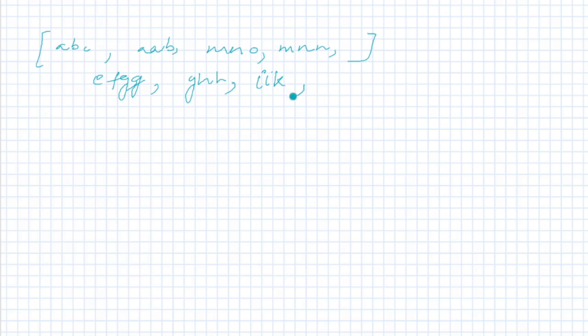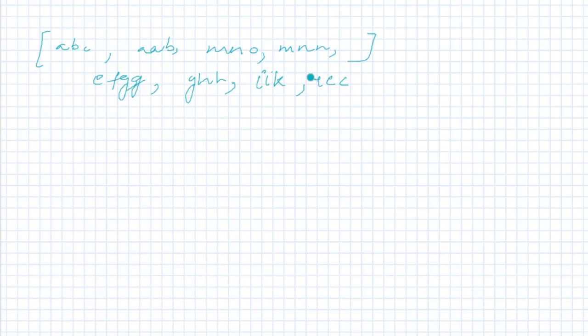Now let's take a list of words: ABC, AAP, MNO, FNN, AFG, GHH, IKI, EEC.